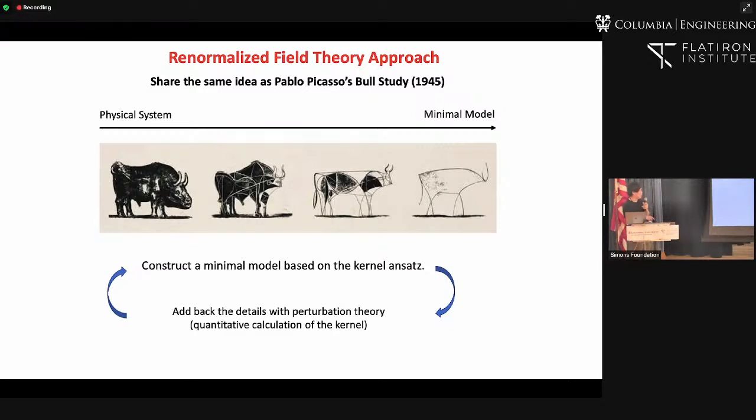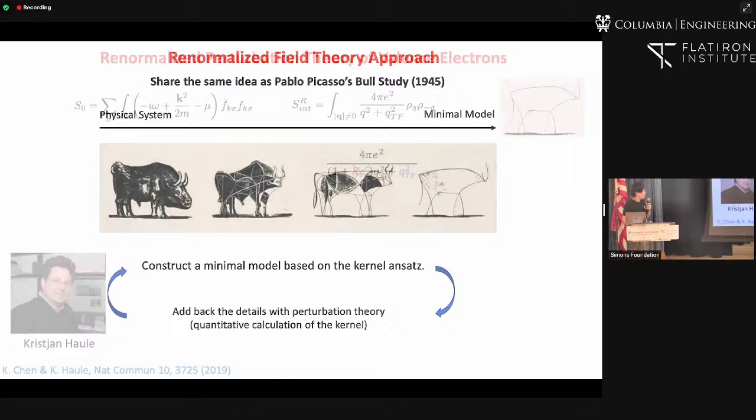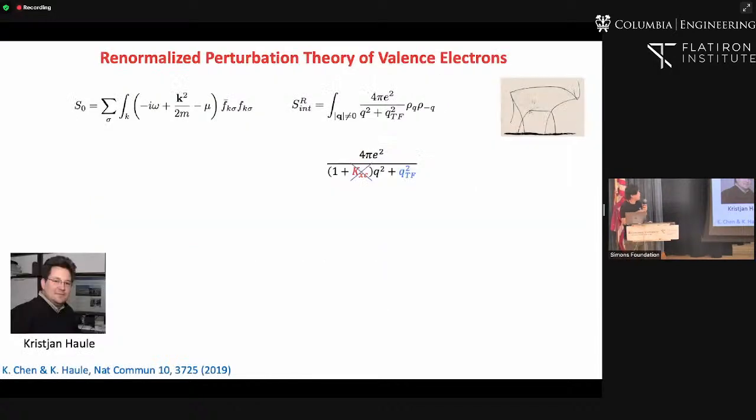After we get the physical exchange correlation kernel, we can study the structure of the kernel and we can revise this minimal model to propose a better model, and then we can do another perturbation theory to get an even better calculation. This is very similar in spirit to Picasso's bull study. And the first minimal model we propose is basically the Coulomb electron gas with the Yukawa interaction.